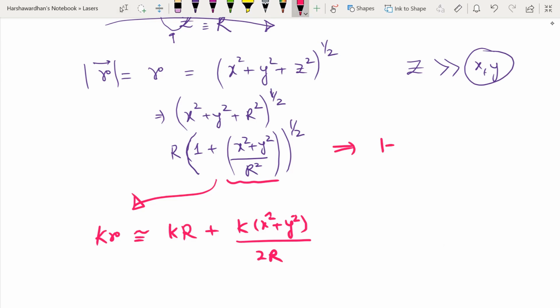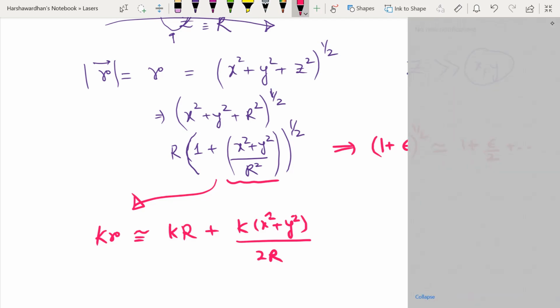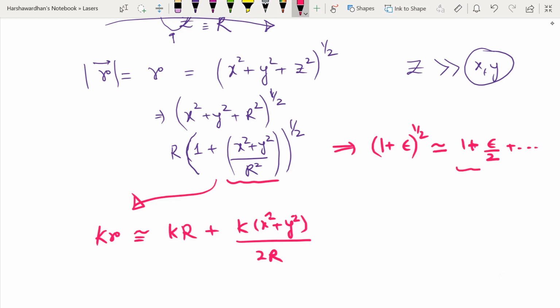I had an expansion of 1 plus epsilon, epsilon being much smaller than 1, to the power of half. I'm approximating this as 1 plus epsilon by 2, and there are of course higher order terms, and I'm retaining only the first.